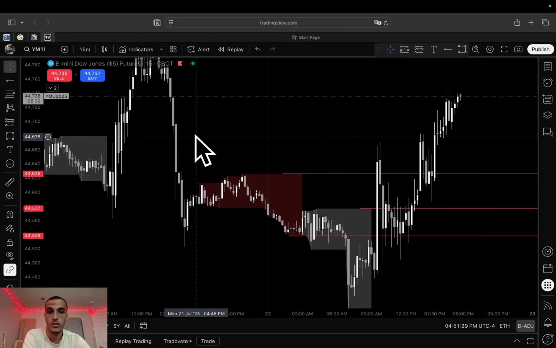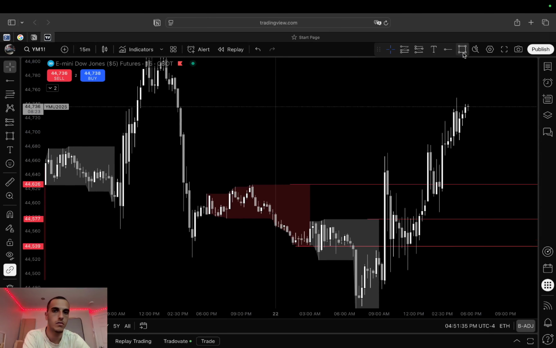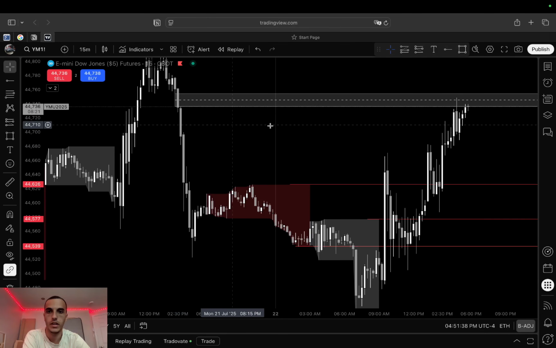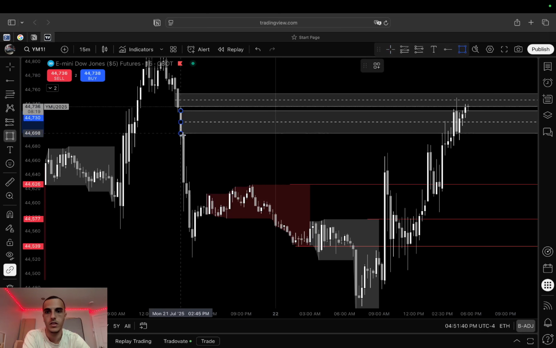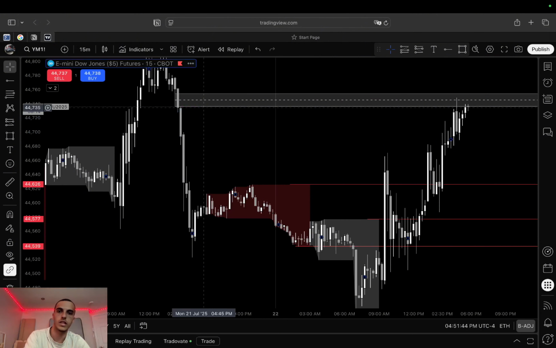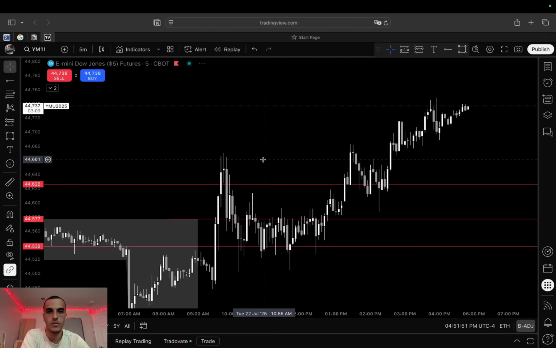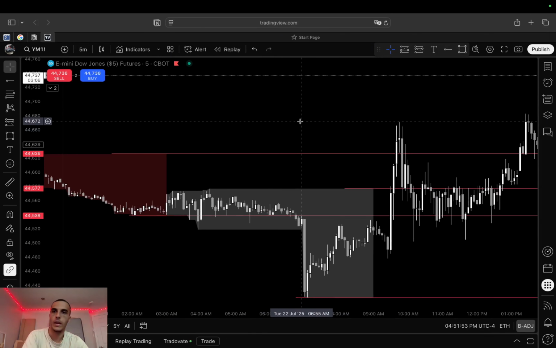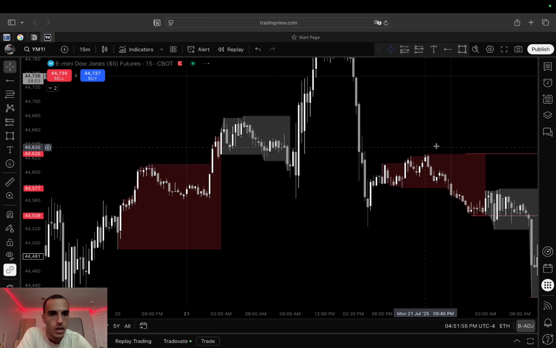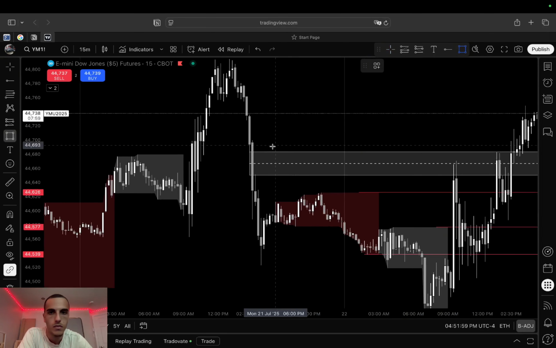I saw previous days on the higher time frame. So we have one here, here, here, right? So what I know is most likely price will come and fill them. So my bias is bullish. Go on the 5-minute. Let me go mark them. I think we may have filled one of them. Yep.